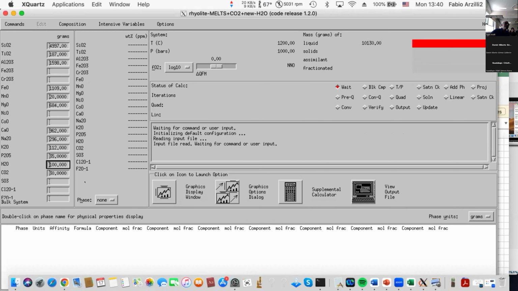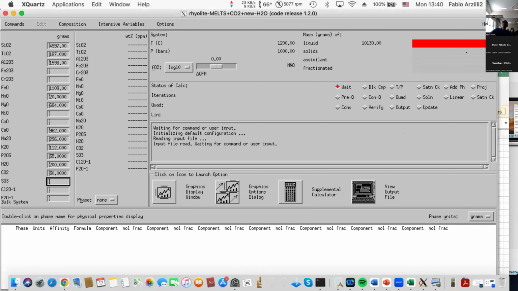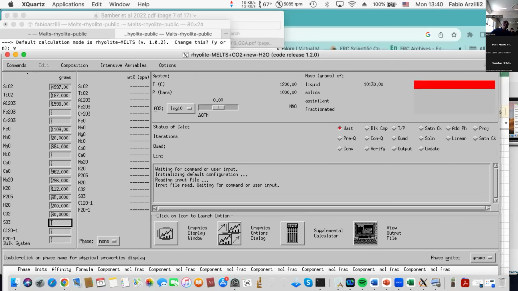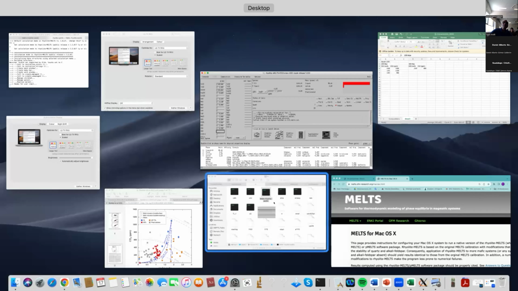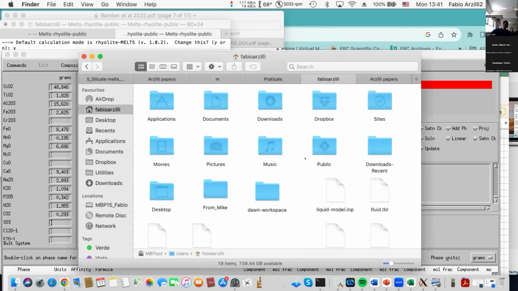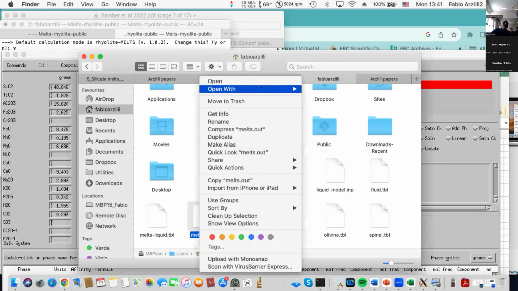Before we change the water, the pressure is always 100 megapascals and temperature 1000.